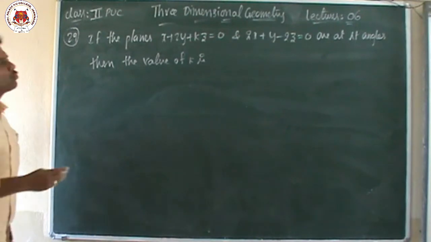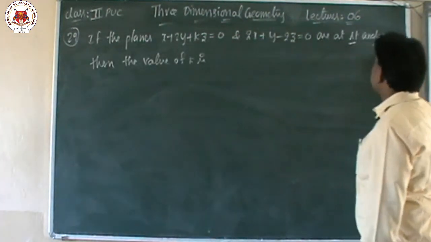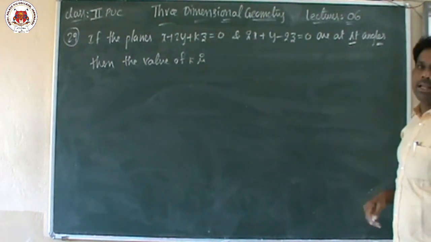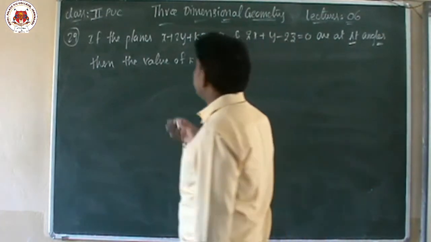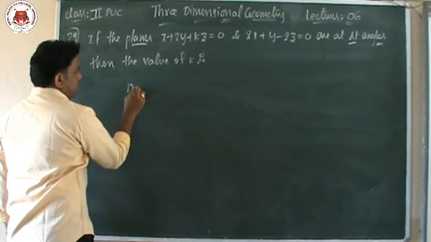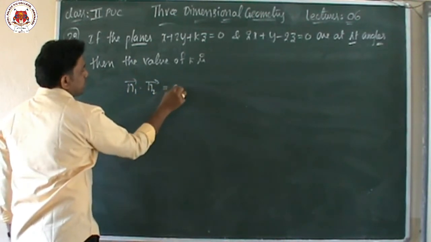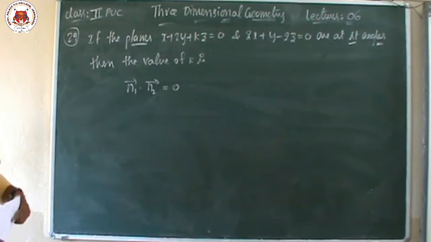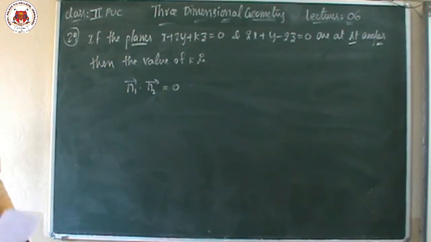Children, here two planes are given. He is asking that these two planes are at right angles. Right angle means the two planes are perpendicular to each other. Then we have to find the k value. We know that if two planes are perpendicular, then n1 vector dot n2 vector equals 0.